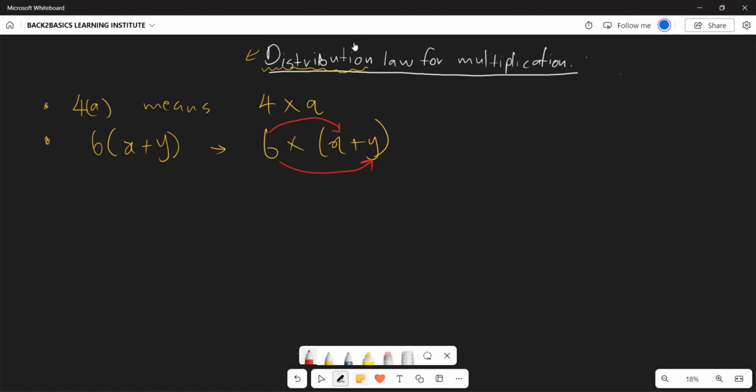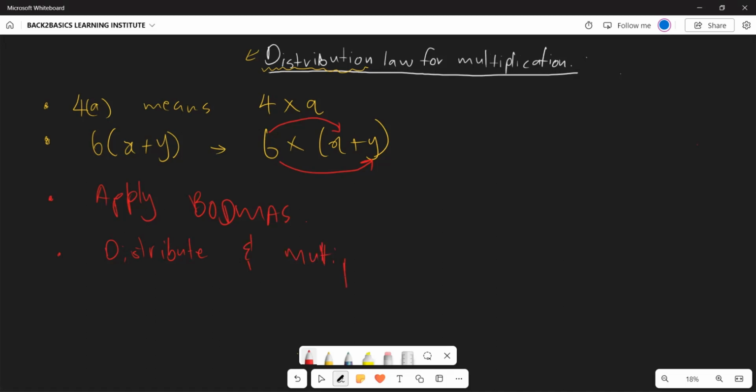Some of the steps we are going to follow when using the distributive law: firstly, you apply your law of BODMAS. Secondly, you need to be in a position to distribute, and after distributing, you multiply.